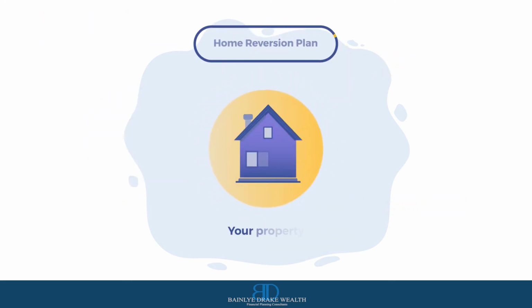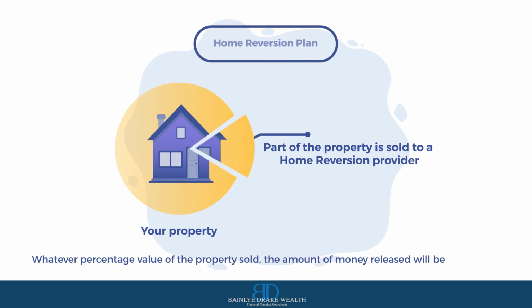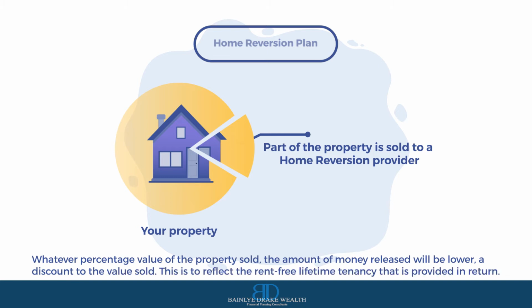The other equity release product available to you is a home reversion plan. Put simply, a home reversion plan is a means of selling a share or all of your home at a discounted value in exchange for a lifetime tenancy, which is rent-free. In selling that part of your property to a home reversion provider, you release equity from the value of the part you sell.